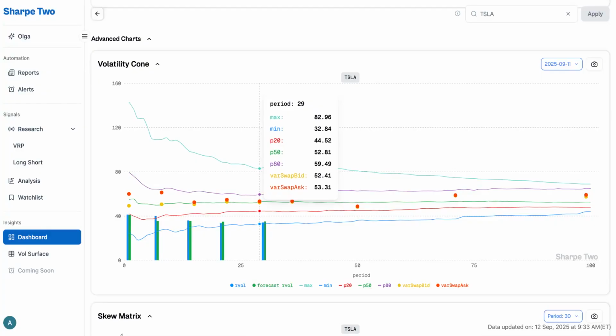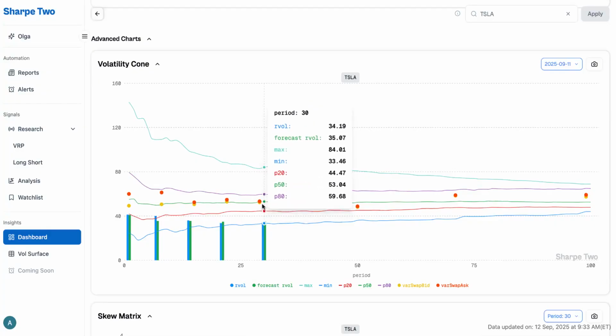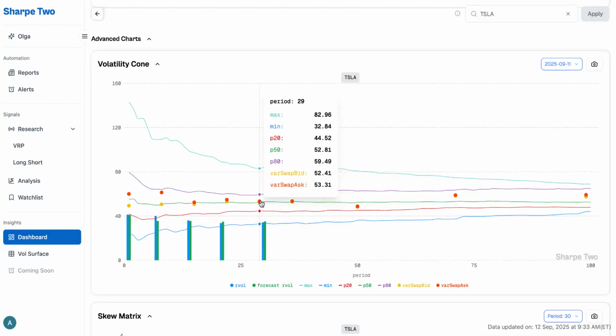Now, once you're here, you can clearly see the variance risk premium and where your margin is going to come from. In the case of Tesla, if you were selling here at around roughly 53, considering that these days we realize something like 34 and we forecast realized 35, 36, if you sell and delta hedge your options, you're going to make a decent bit of money.